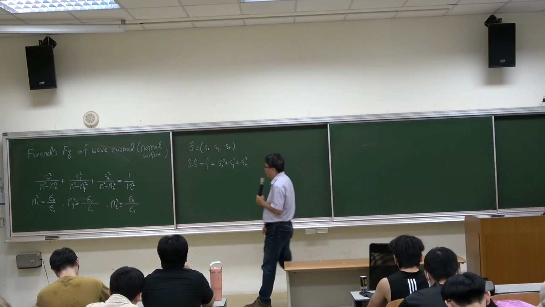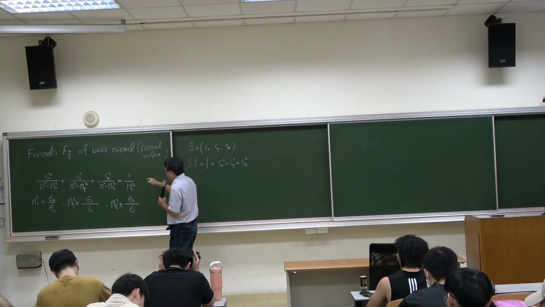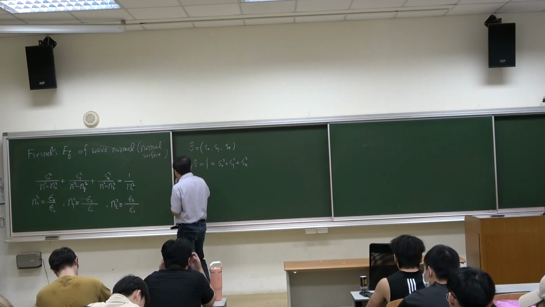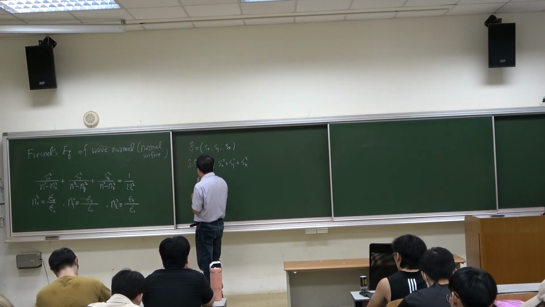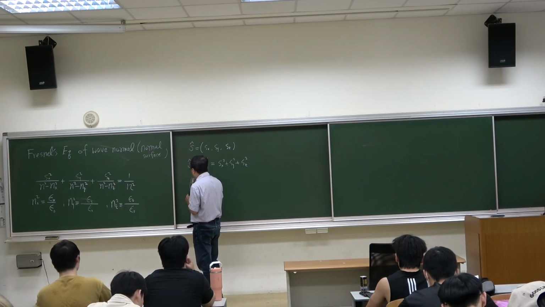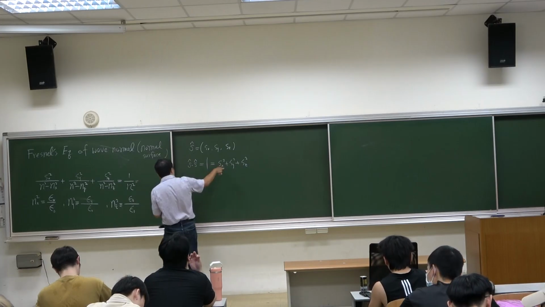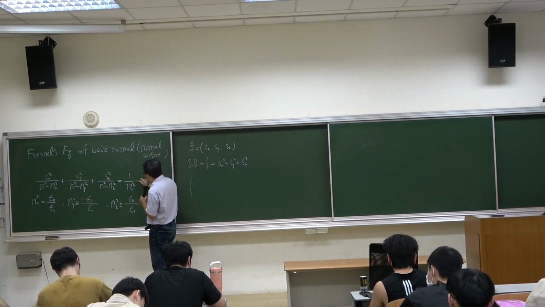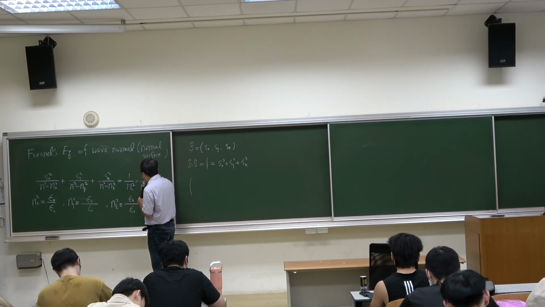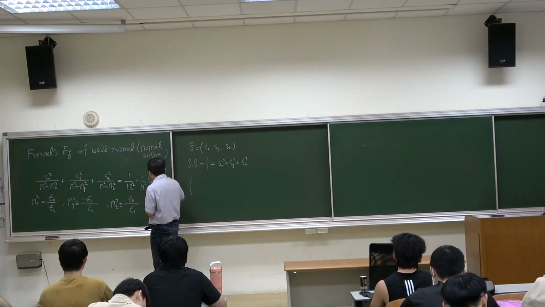You can use this factor, because we can replace this one by the sum of these three terms. So we have 1 over n squared times sx squared plus sy squared plus sz squared.